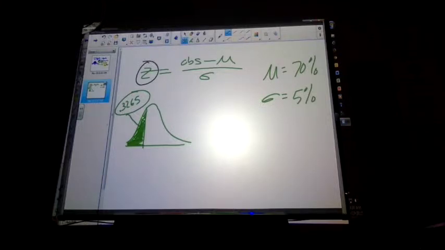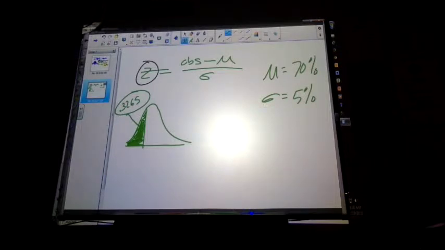If I look at negative 0.4 going across, I got 0.3446. I get 0.3409. I get 0.3372. I'm getting closer. 0.3336. Oh, wait, go over. 0.3300. That's getting closer. 0.3264.